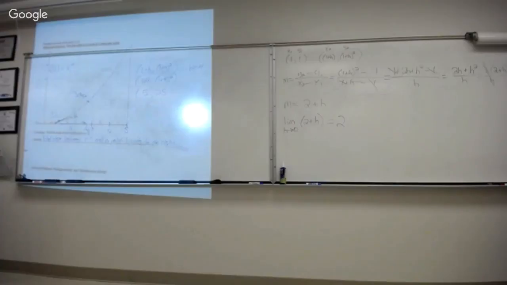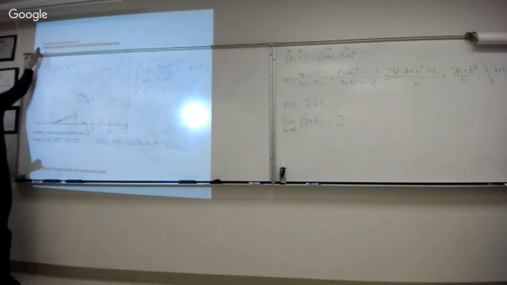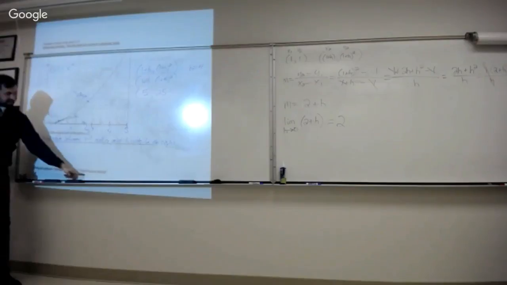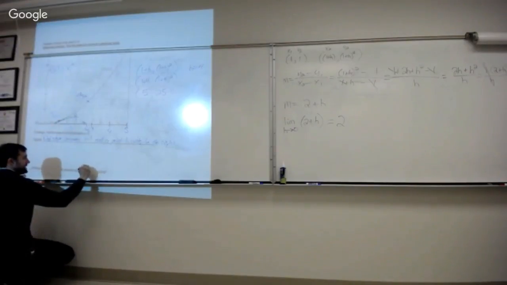Distinguish between average velocity and instantaneous velocity. Instantaneous velocity, again, if this curve represented distance and time, the instantaneous velocity is the tangent slope. That's the actual speed at that actual moment, right? In other words, that's your speedometer.